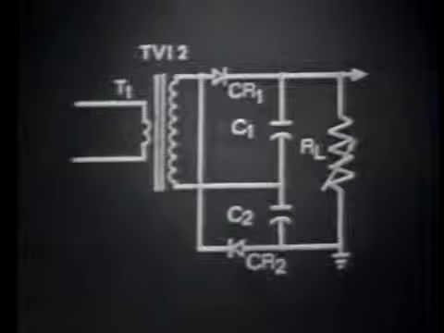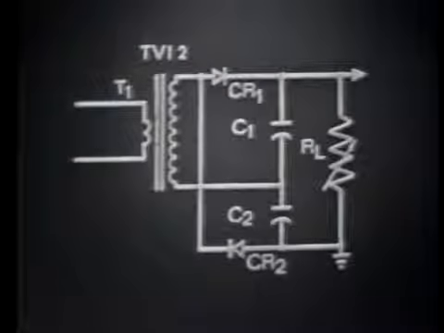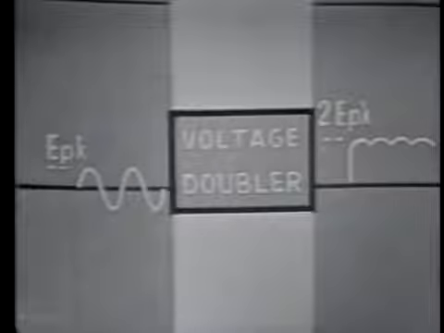The reason is that the output voltage is developed across C1 and C2 in series. Also important is the output ripple frequency, which we learned was twice that of the input frequency. And the reason it's twice the input frequency is because the voltage doubler used full-wave rectifying action, thereby developing an output pulse on both the positive and negative alternations of the input signal.